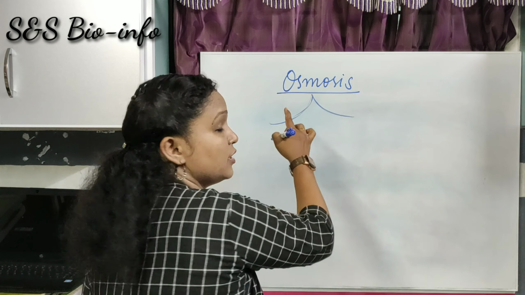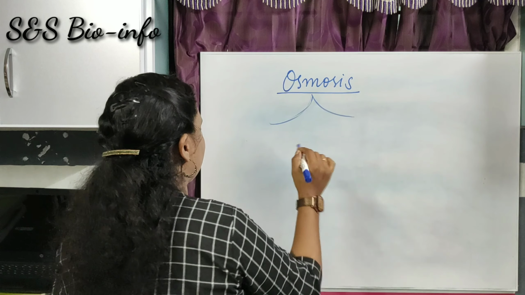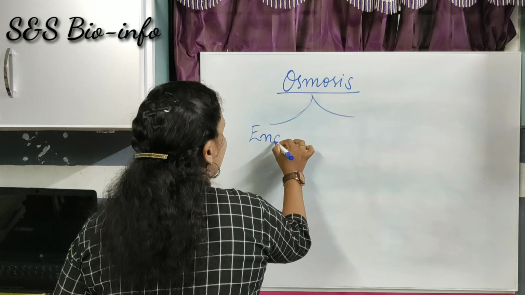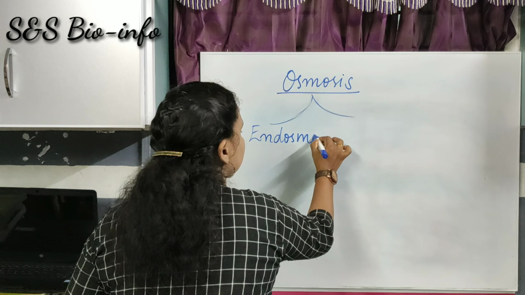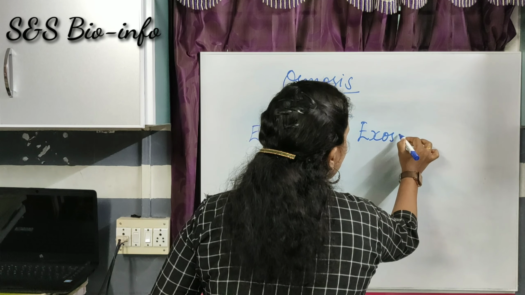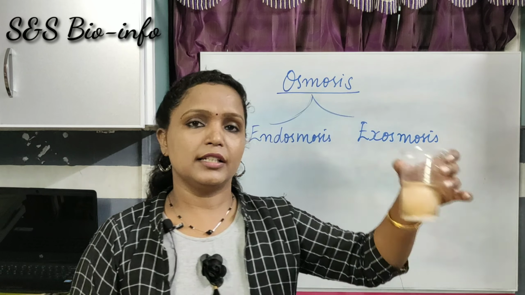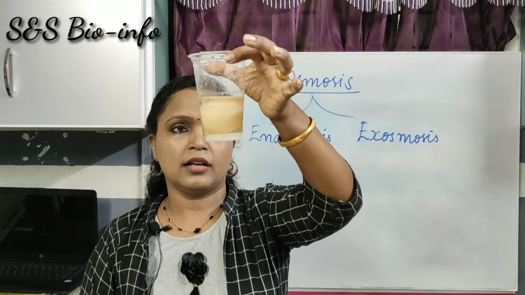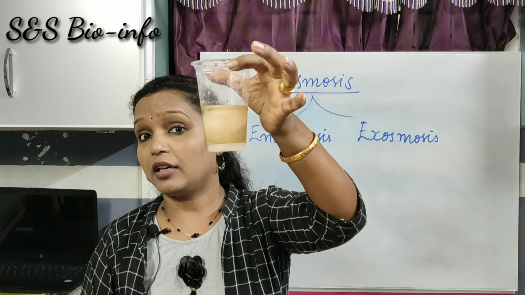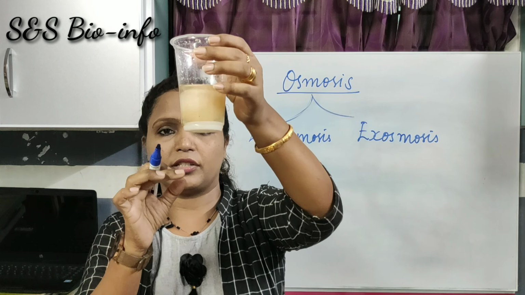So osmosis is of two types, endosmosis and exosmosis. Then let's consider a second case. When I kept the egg in the salty solution, the size of the egg decreased.